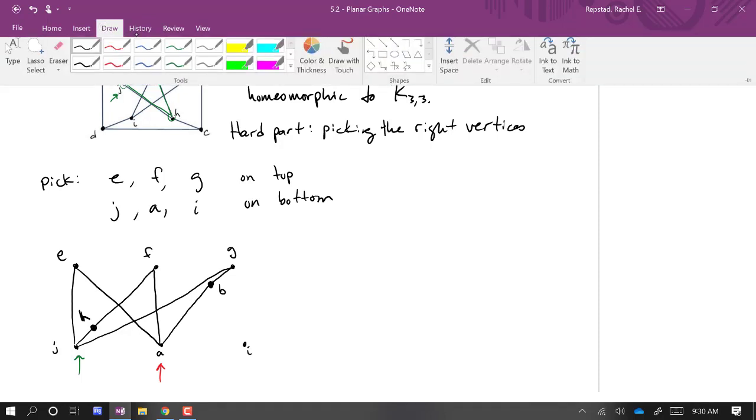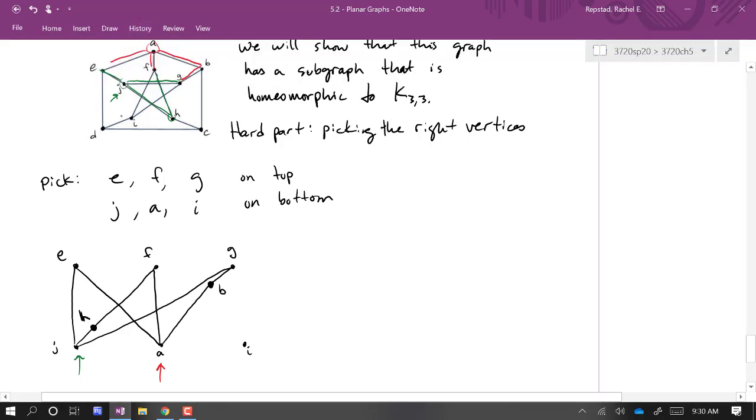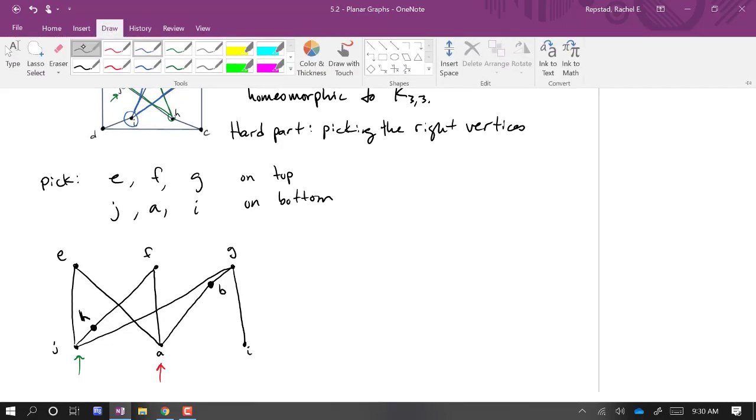Now let's look at vertex I. That's this vertex here in the middle. Let's see. I get directly from I to G, so I'll draw that in. I can get directly from I to F, so I'll draw that in.